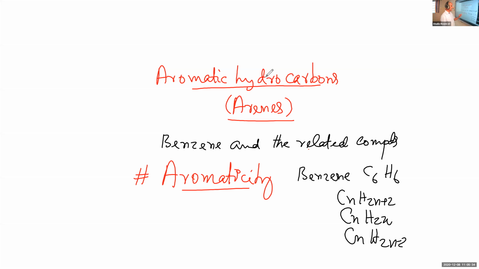So the unsaturation in benzene is something different from normal unsaturated molecules. Benzene becomes more stable, and the so-called aromatic compounds have extra stability, and that extra stability attained is called aromaticity.